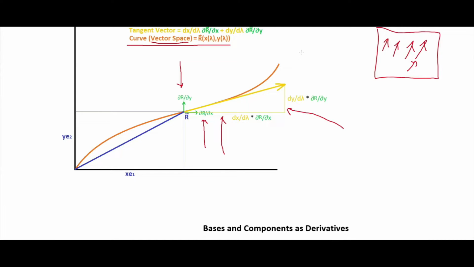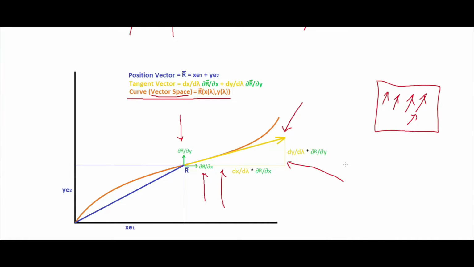And I've sort of drawn this tangent vector really large. I've exaggerated a lot. But the idea is that we get a tangent vector, and we could do that at any point on this orange line. And so just adding all those infinitesimally small tangent vectors together is what gives us the line.